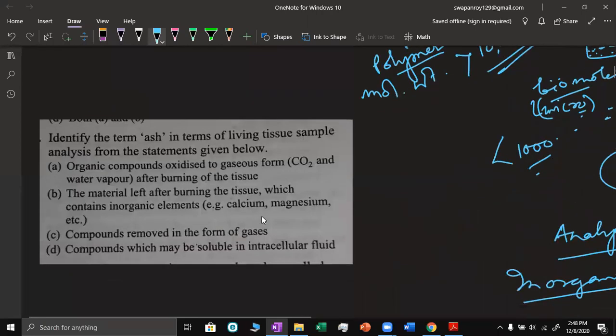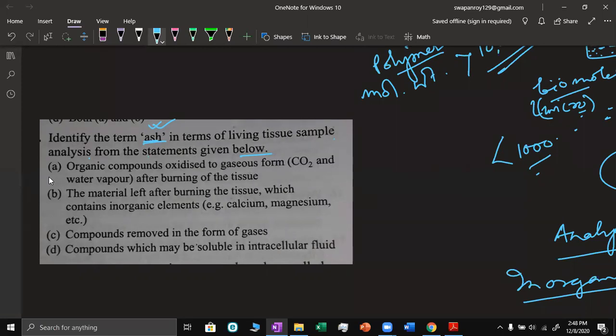Similarly, another question on the other portion. In terms of living tissue sample analysis, from the statement given below, which explains the term ash for the elemental analysis?